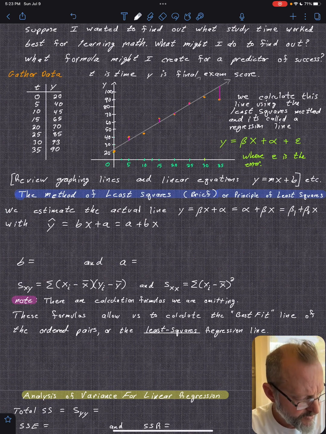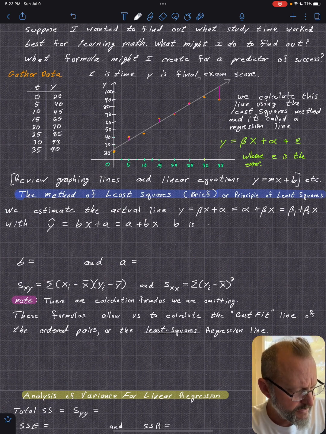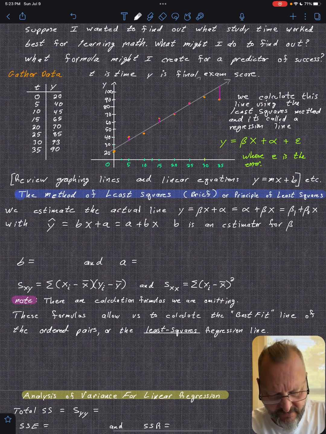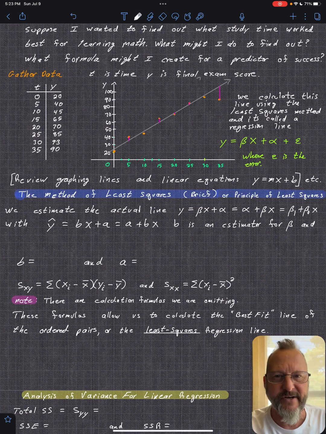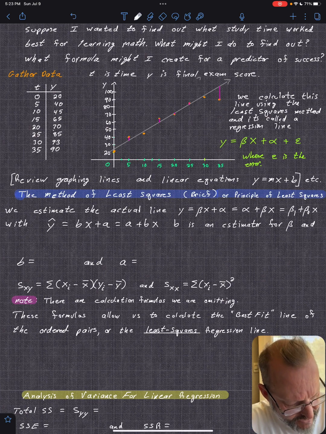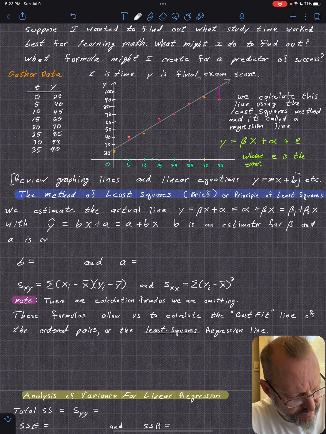So b is an estimator for beta, and of course a is an estimator for alpha.